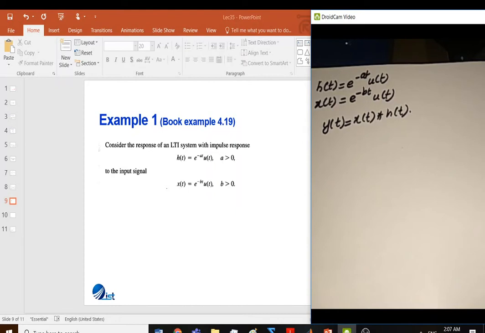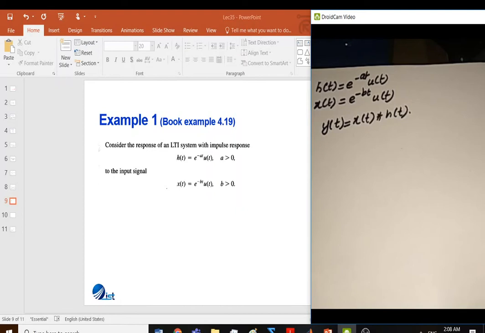However, if you are asked to adopt a frequency domain strategy, you can use either the Laplace transform or the Fourier transform, because in both techniques convolution becomes multiplication. But if you are asked to use Fourier analysis particularly, then you will use the Fourier transform to determine the output of the system.